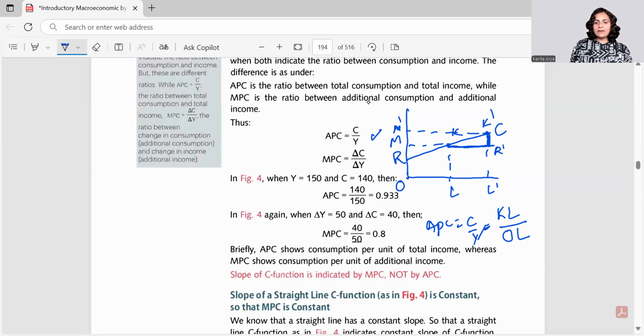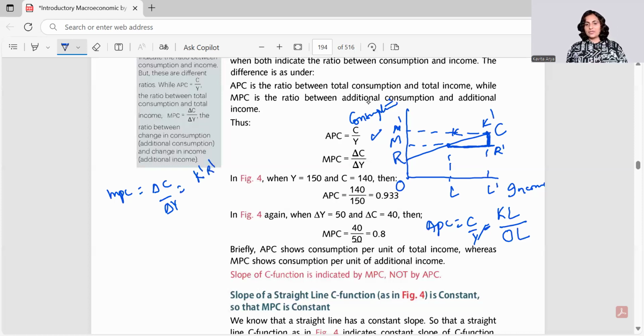So what would be the value of MPC here? Clearly, the change in consumption with respect to the change in income. Because we are measuring consumption on the y-axis and income on the x-axis, consumption would be showcased as K dash R dash.